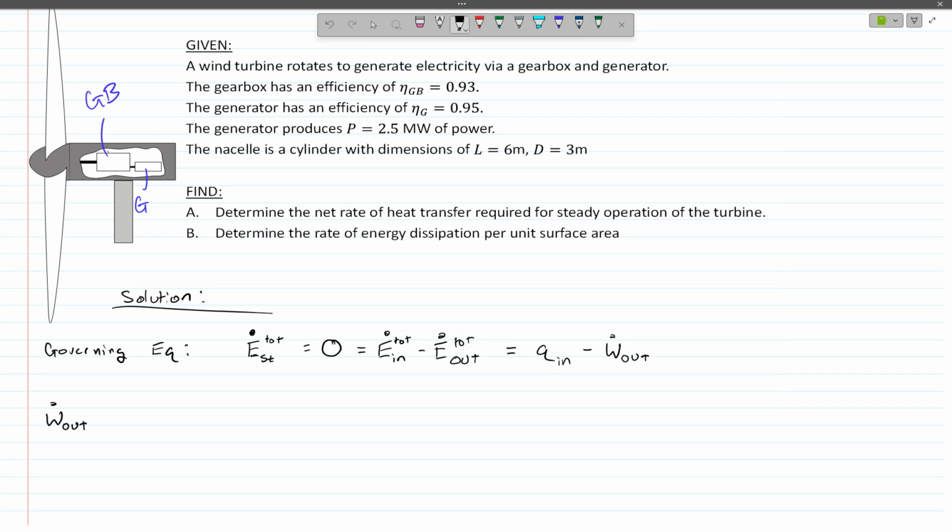So let's first look at, okay, what is the rate of work leaving? Now, this is a little bit of a less obvious step we're going to take, but we actually are going to group that electrical power that's coming out of the thing, right, as being work in this case.